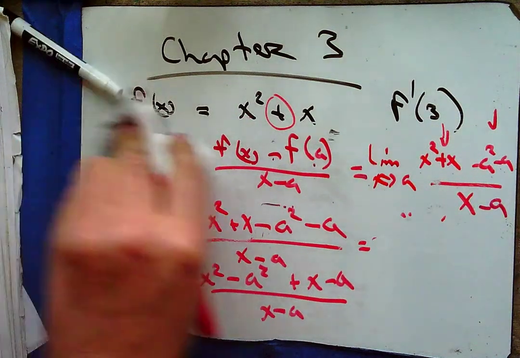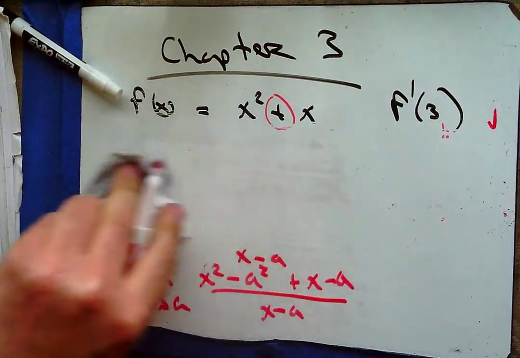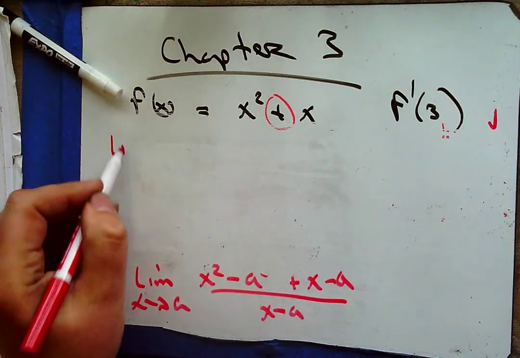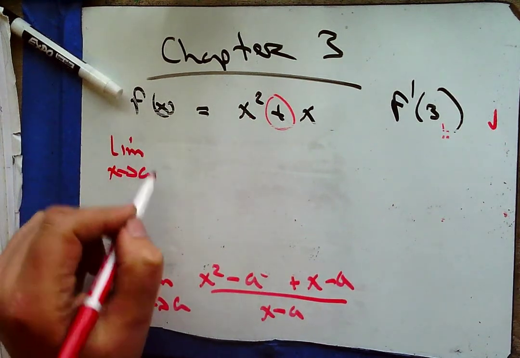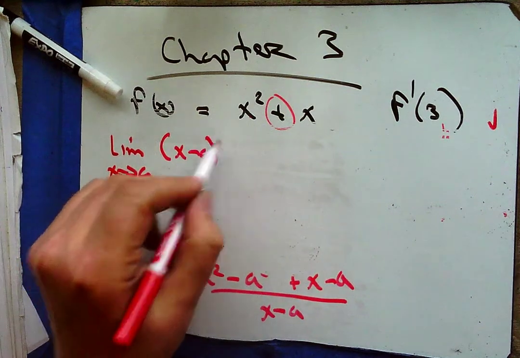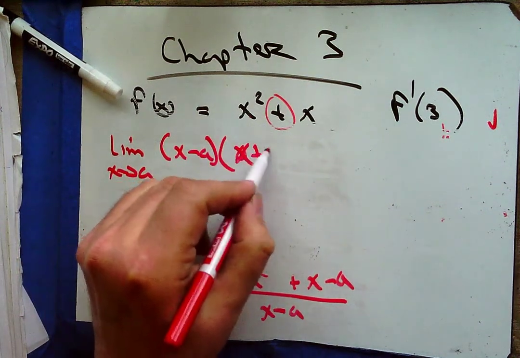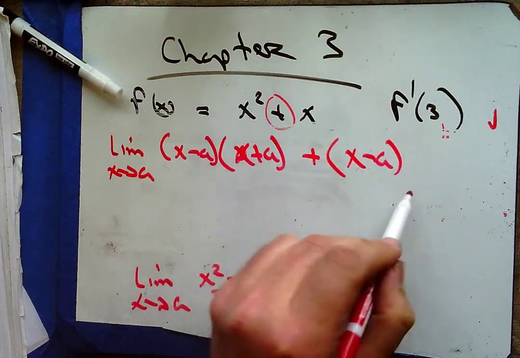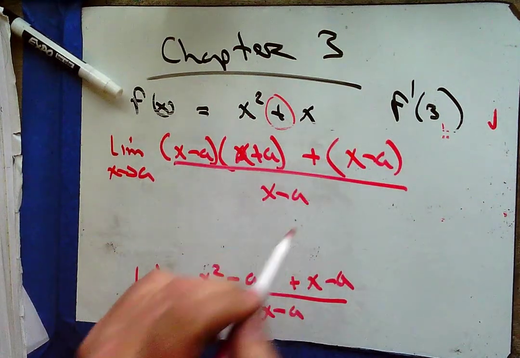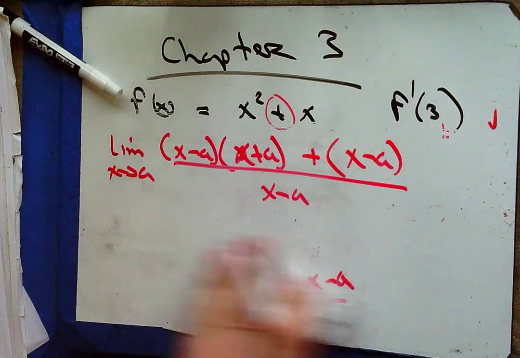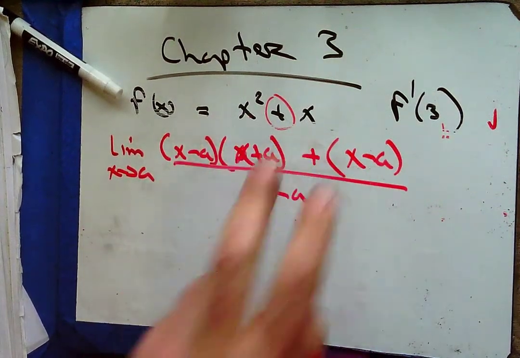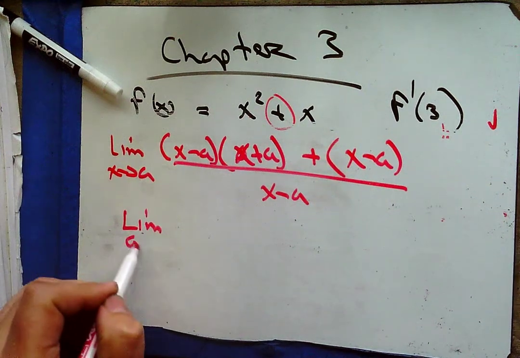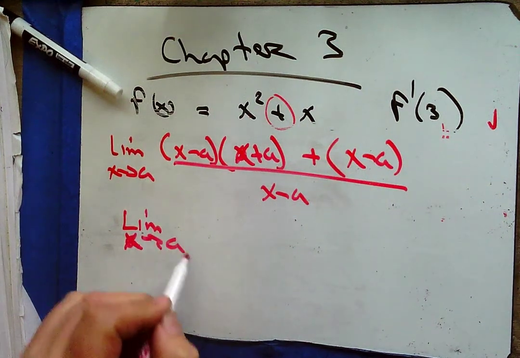And the reason I did that was so that I could do some factoring. Limit as x approaches a, x minus a, x plus a, plus x minus a over x minus a. And here we see that we have two terms, and we can factor an x minus a out of both.